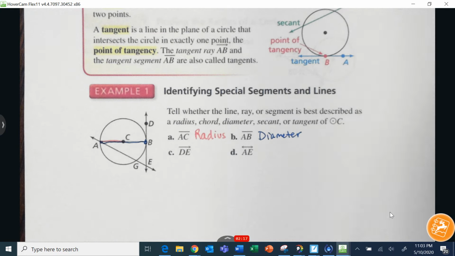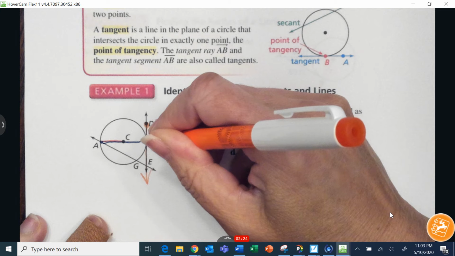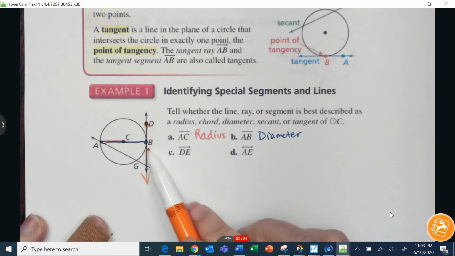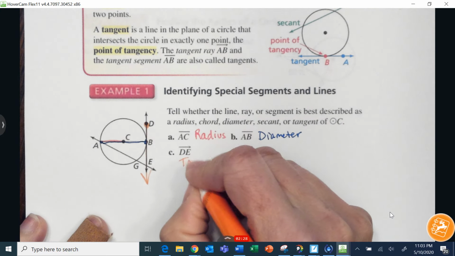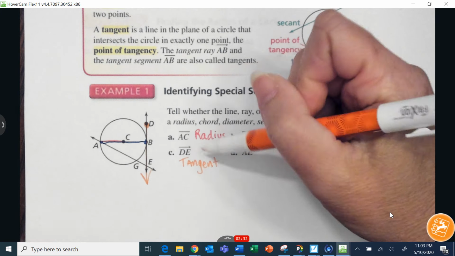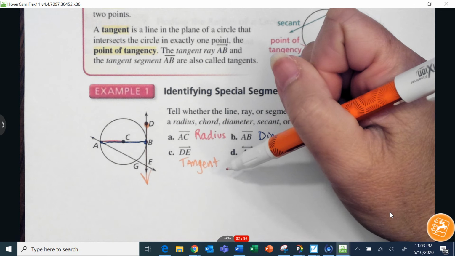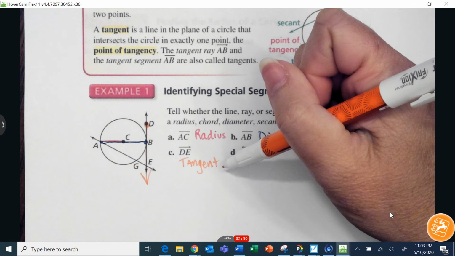DE, starting at D, going through E, is a ray. DE touches the circle in one point only. That makes it a tangent. This is different than using tangent as part of SOHCAHTOA.